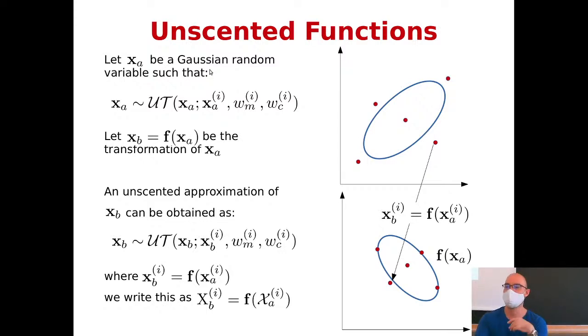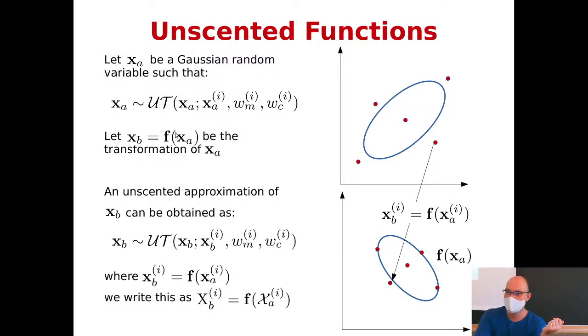So let's say that we have a random variable xa, which is described as the unscented transform, which basically is a set of sigma points. And let's say that we have a random variable xb that is obtained by applying a function f to the original random variable xa. Okay? This is just a transform function that, given a point of xa, returns you a point in xb.